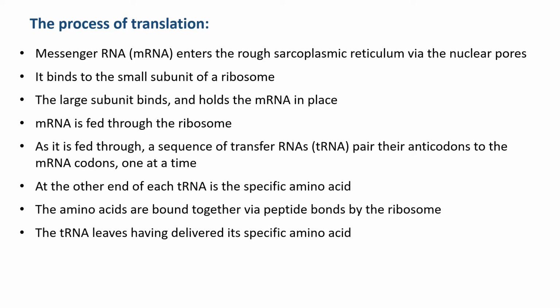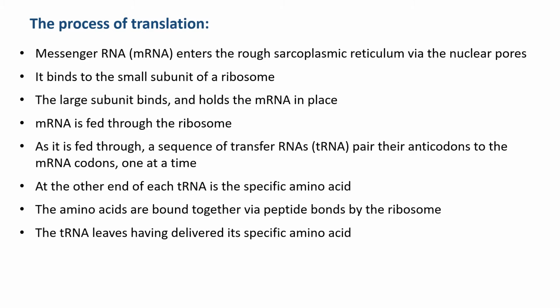The amino acids, as they line up, get bound together via peptide bonds by the ribosome. The transfer RNA then leaves empty-handed, goes away leaving its amino acid behind, and it might go off and find another amino acid that it's specific for to bind to it.